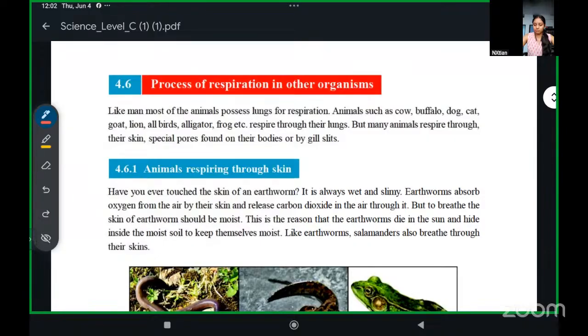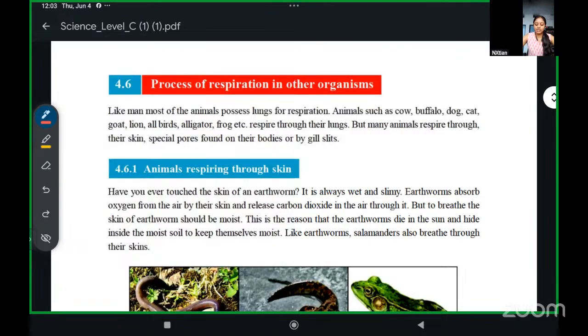Then we have some organisms which breathe through their gills, and some that breathe through their skin, besides their nose. Like man, most animals possess lungs for respiration. Animals such as cow, buffalo, dog, cat, goat, lion, all birds, alligator, frog, etc., respire through their lungs.